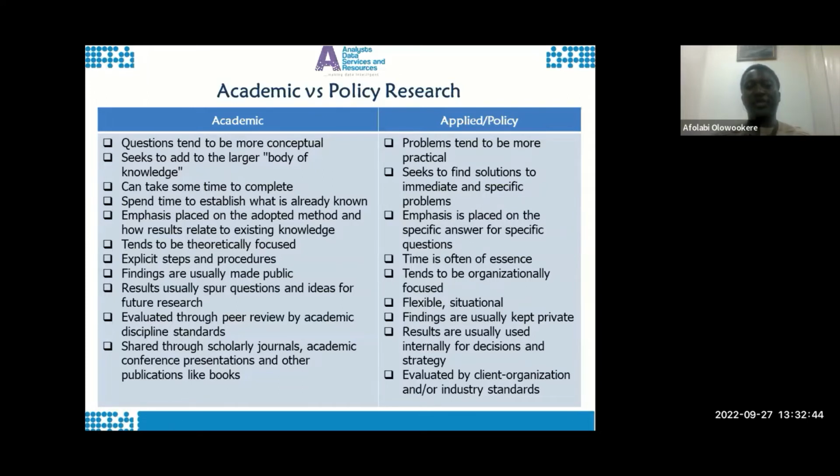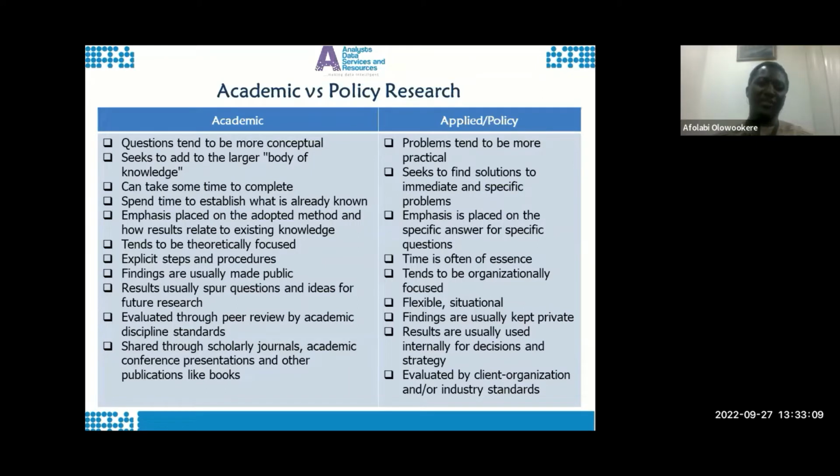You want to find solutions to immediate and specific problems. So the problem is immediate and specific. Most times you don't have the luxury of looking at what has been done everywhere in the world before you can establish a gap and things like that. Academic research can take more time to complete, while applied research, because it's immediate, you want it to be complete.